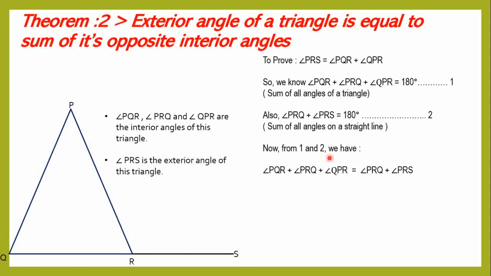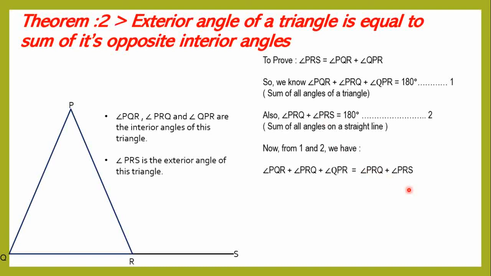So now from 1 and 2 we have angle PQR plus angle PRQ plus angle QPR is equal to angle PRQ plus angle PRS, because in the first equation this is equal to 180 degrees, and in the second equation these two are equal to 180 degrees. So from LHS to RHS, the entire LHS is equal to angle PRQ plus angle PRS, right?